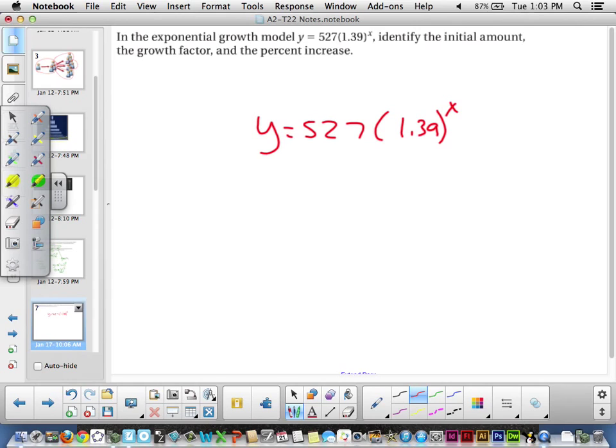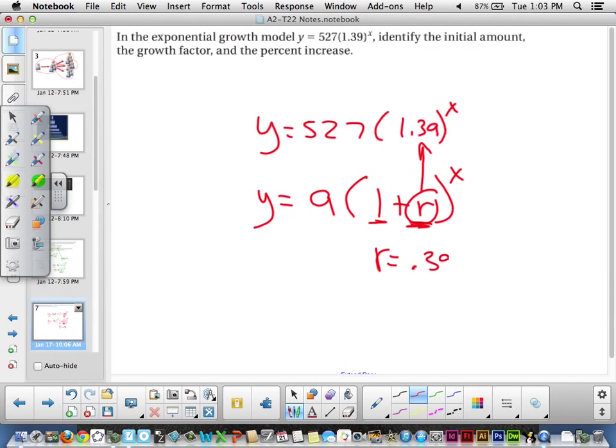All right, our percent increase, remember we like to write it as y equals a times 1 plus r to the x. Our percent increase is this r value here. Well, if you take a look, what number has been added to 1? Well, r is 0.39, so that means our percent increase is 39%.